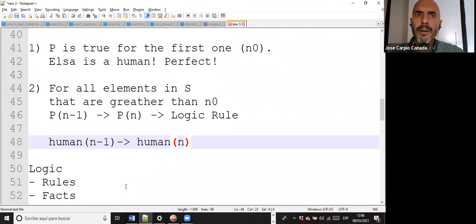If my father is a human, I can say I am a human. In this case, the n minus 1 is not the age, it is the concept of descendant: the father or mother of one person will be the relationship, the order. So if we apply that, we can say we are humans or not.